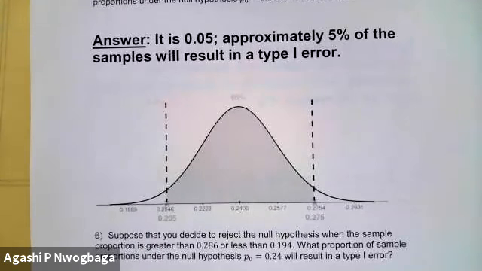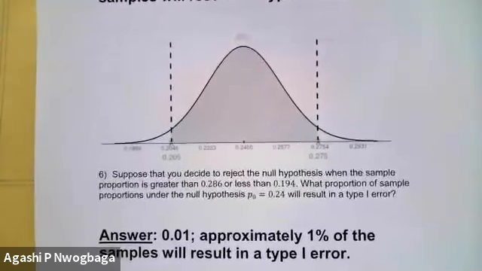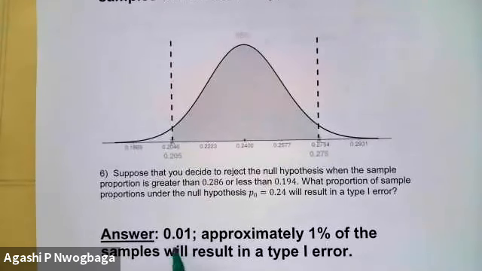In this case, it is 0.01, that is 1%. Approximately 1% of the samples will result in a type 1 error.